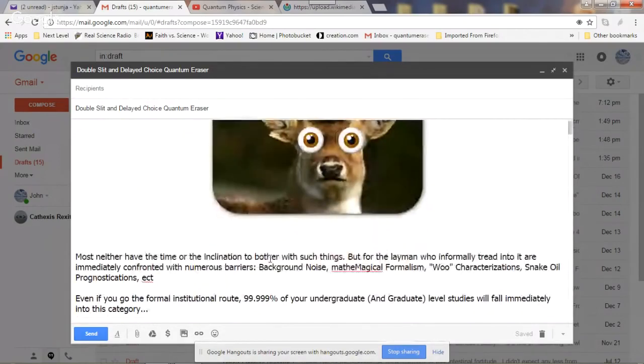So why is that? Well, most have neither the time nor the inclination to bother with such things. But for the layman who informally treads into this area, they're immediately confronted with numerous barriers, some that we already talked about: the background noise, the mathematical formalism, and like Cathexis said, the woo characterizations and the snake oil prognostications.